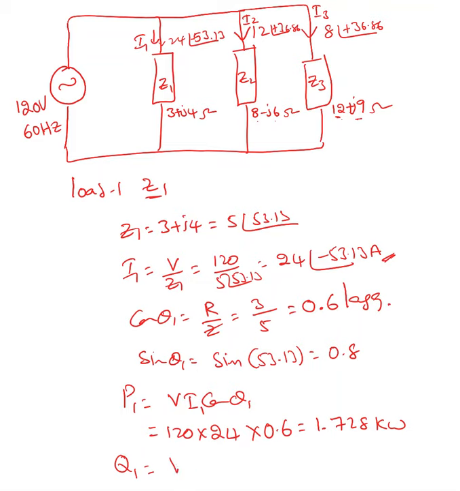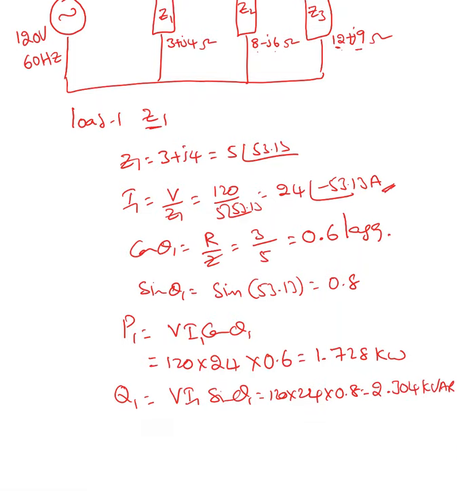Same way Q1 is V I1 sine theta 1, which is 120 times 24 times 0.8, that value is 2.304 kVAR. So my S1, I'm going to write it as P1 plus JQ1, 1.728 plus J 2.304 kVA. When it comes to S, it is in kilovolt ampere.